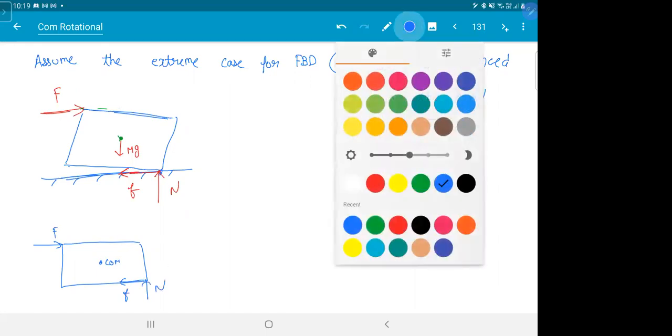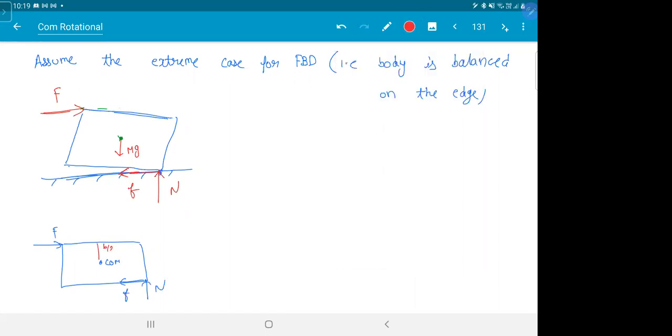These are the perpendicular distances: b by 2, b by 2, a by 2.